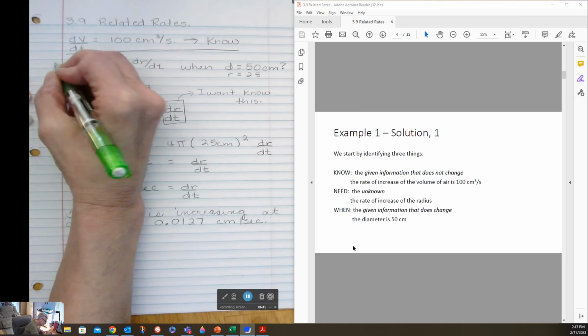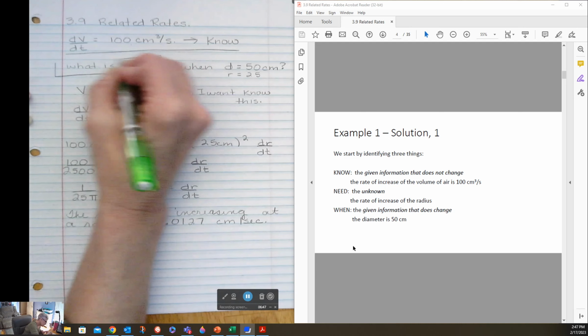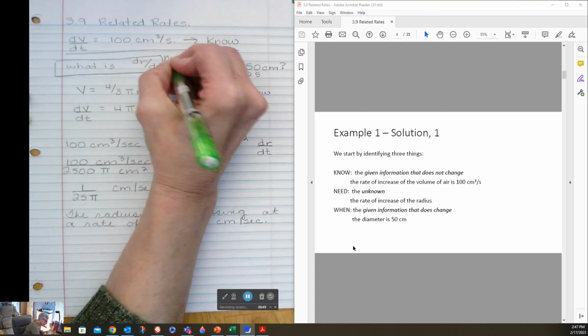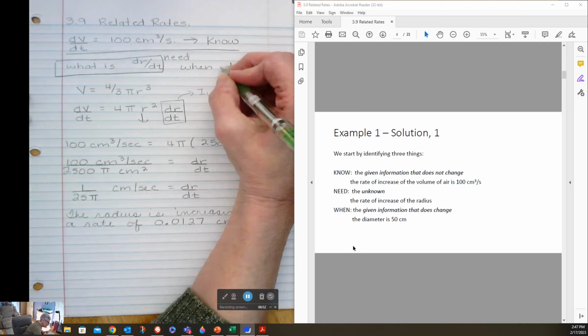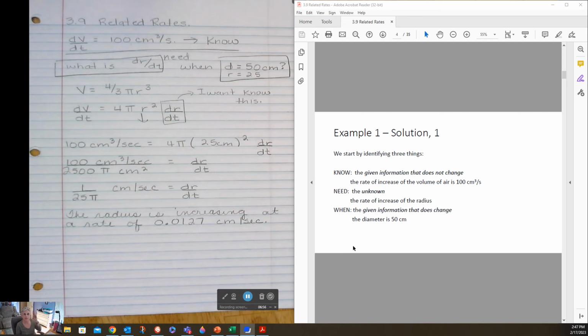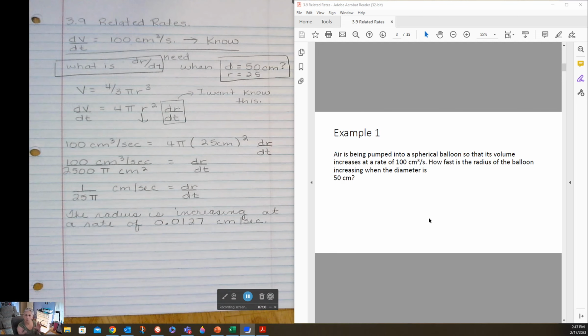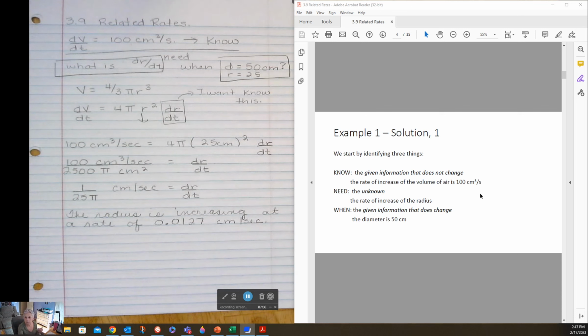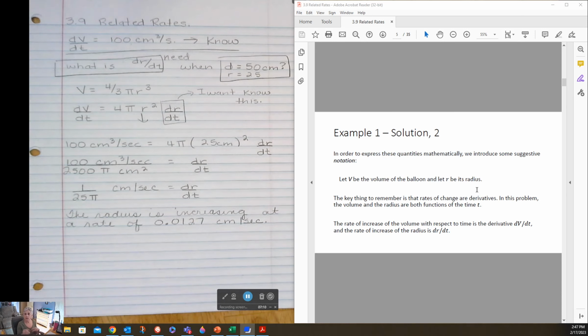My need was dr/dt. And my when was the diameter equals 50 centimeters. So if you can go through all of these words and just pick out these important things, you're well on your way.